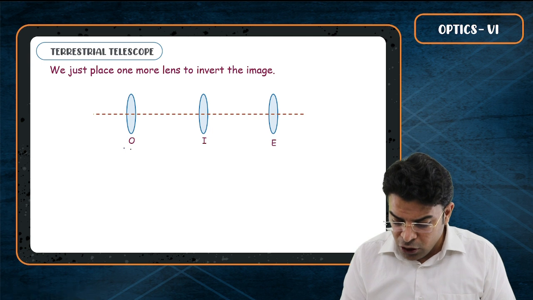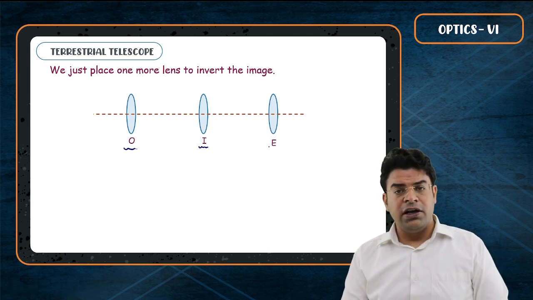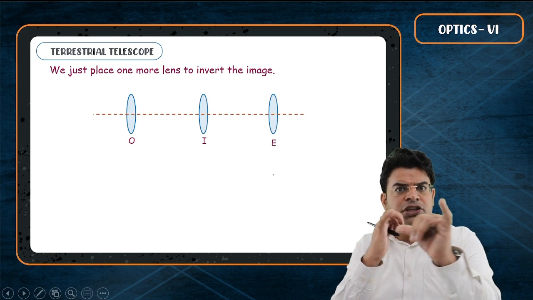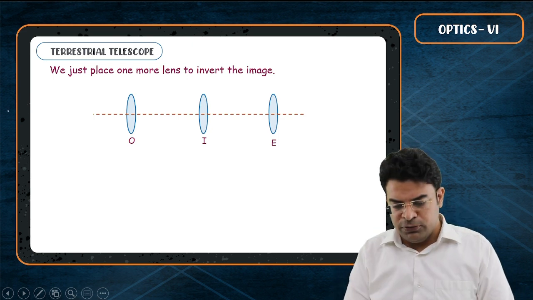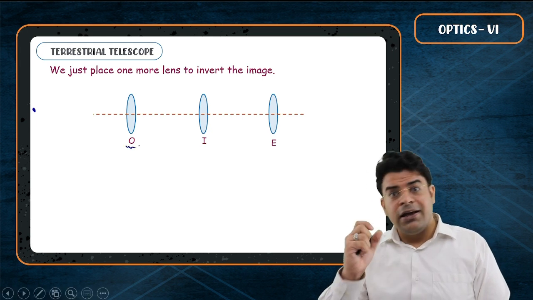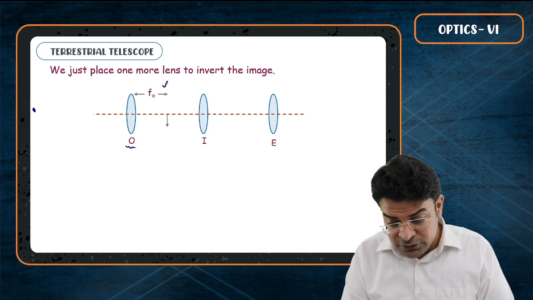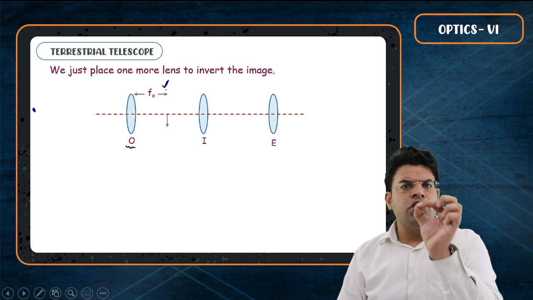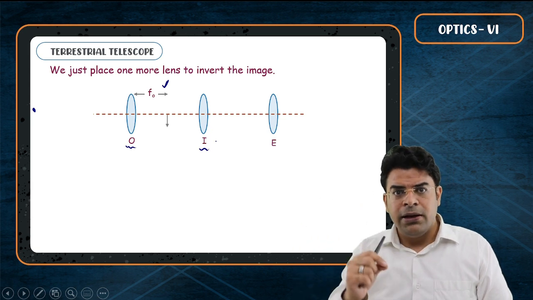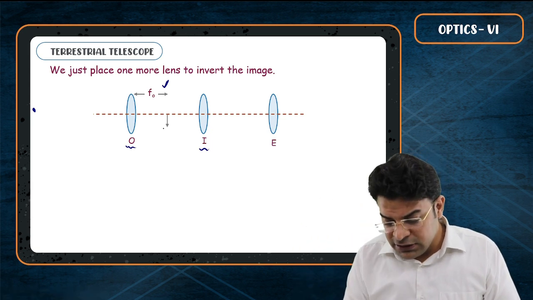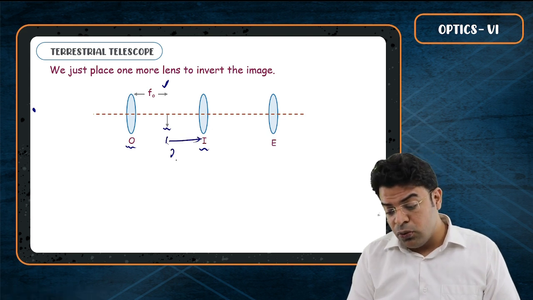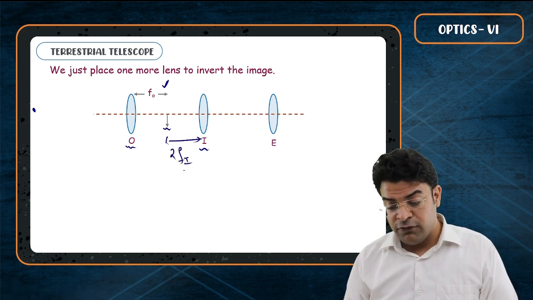So we have got objective, we have got inverting lens, we have got eyepiece. If using a terrestrial telescope you are looking at a far away object, then the objective will form a real inverted image at its focus. The only job of this inverting lens is to invert the image. So we maintain such that this image formed by the objective is at a distance 2 times the focal length of the inverting lens.